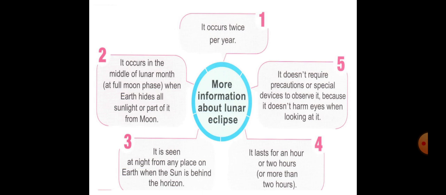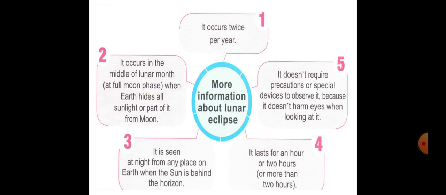Let's know some information about lunar eclipse. Information number 1, the lunar eclipse occurs twice per year. Also, it occurs in the middle of the lunar months at full moon phase when Earth hides all the sunlight or part of it from Moon.